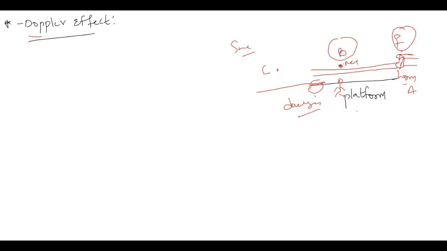So do we feel that there is a difference in the sound from one point to another? Yes. That difference is observed, and that effect is known as the Doppler effect. So the change in the frequency produces the change in the ability of hearing the sound. Sometimes you hear an ambulance siren and feel that it is coming close, then going far.